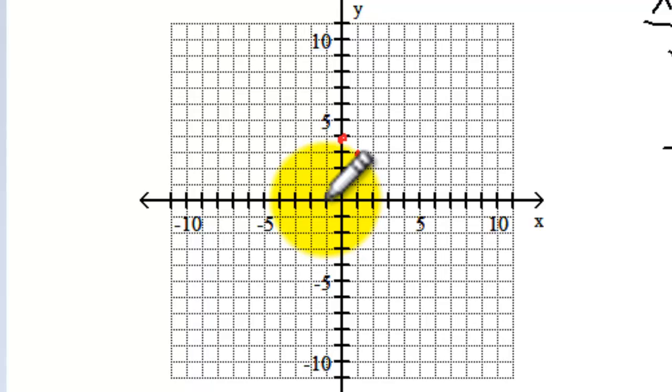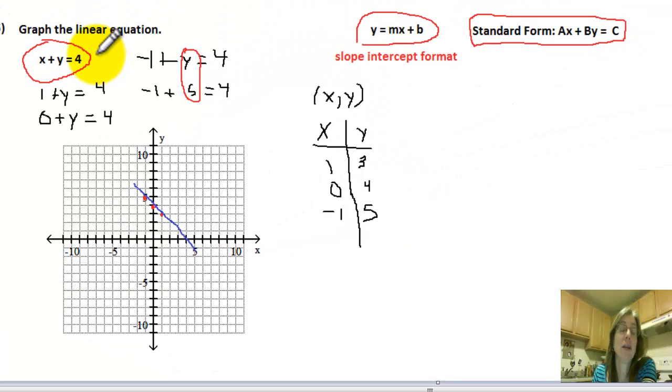And then we go negative 1, and we go up 5: 1, 2, 3, 4, 5, and there's a point there. And now we're building a line that we can then draw. Okay, so we just graphed a linear equation. That's what it means to graph an equation, to find the points and plot them.